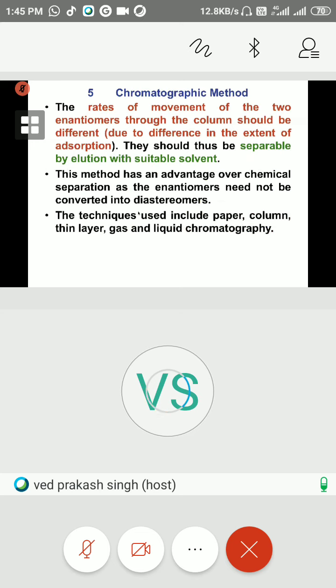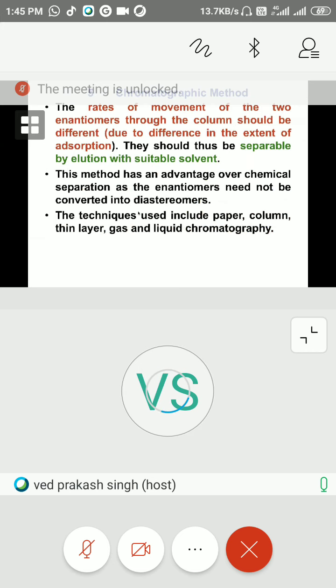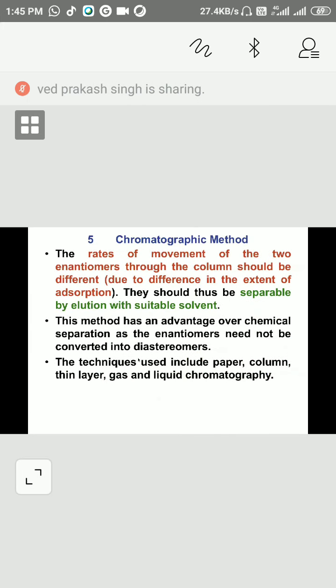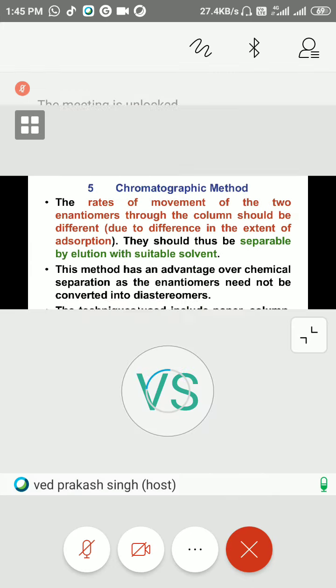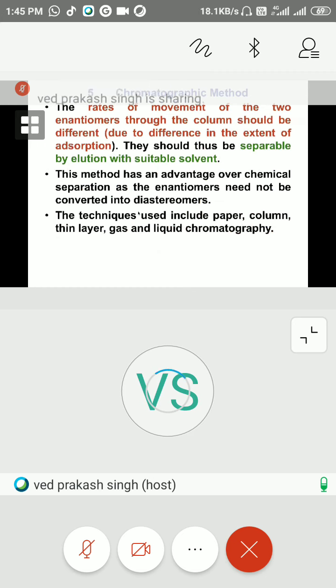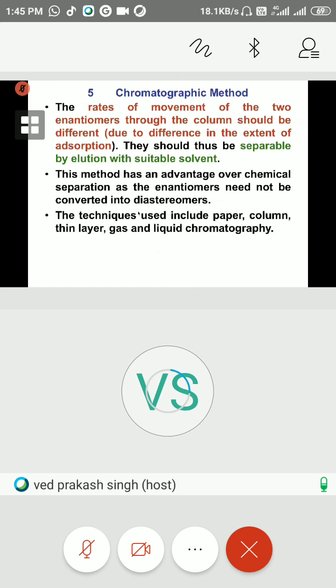We will start from here again in class, but today a few minutes are left, so I will give a brief idea here. Absolute arrangement is the arrangement of atoms or groups of atoms in space of a particular stereoisomer of a compound. It can be studied through X-ray crystallography of a pure compound.